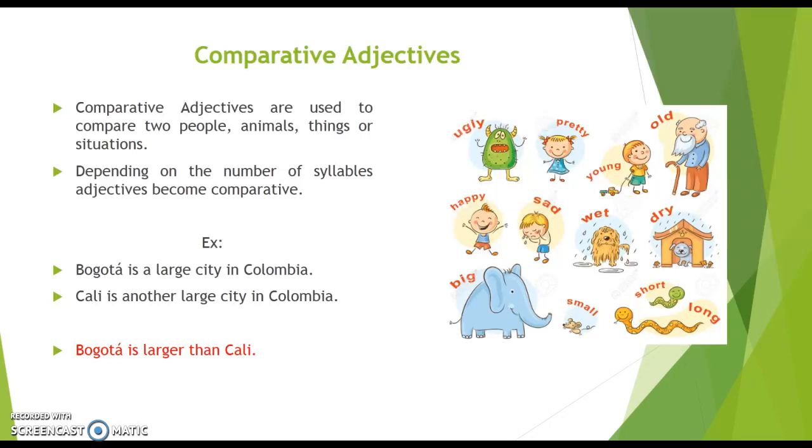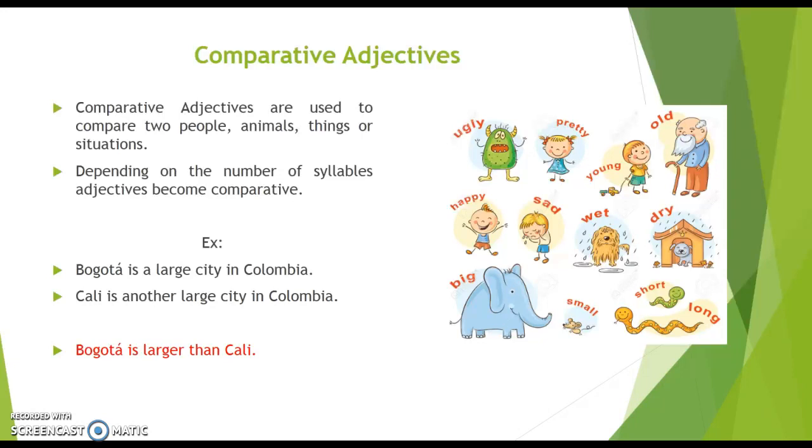You also have to keep in mind the number of syllables of those adjectives, because when you are going to pronounce them or write them, they are going to change a little bit. So depending on the number of syllables, they become comparative. That's what I'm going to explain a little bit later.